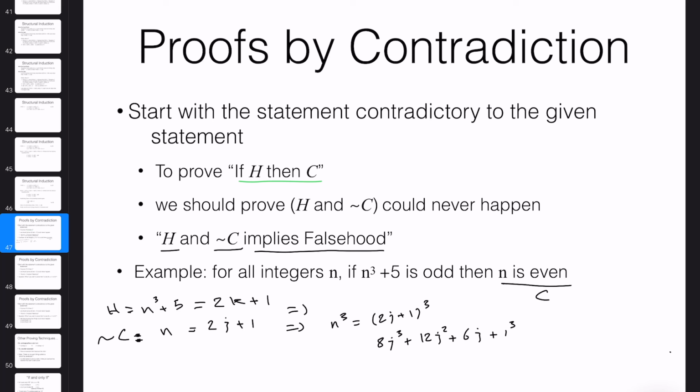Yeah, I think so. So this is going to be n power 3, then n power 3 plus 1 is going to be whatever we have here, so 8j power 3 plus 12j power 2 plus 6j plus 1 plus 1.